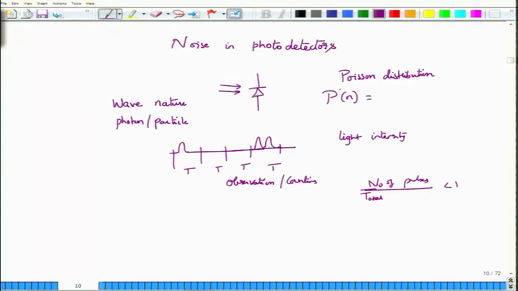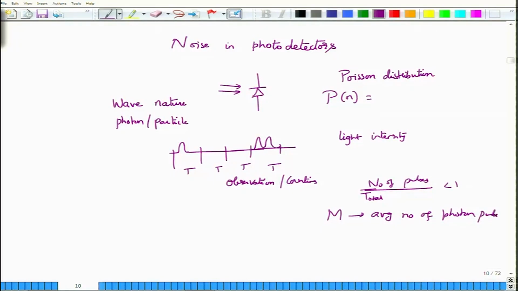It is given by the probability of occurrence of n, given that there are m pulses on an average arriving. So m is the average number of photon pulses arriving when the time units have been segregated equally.